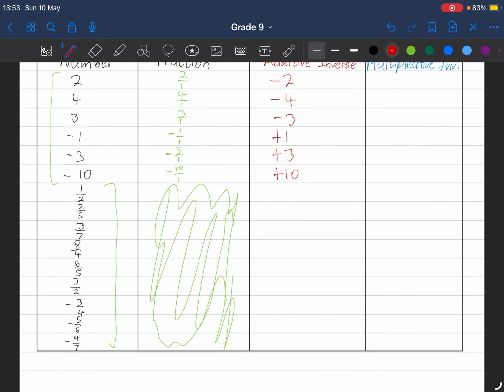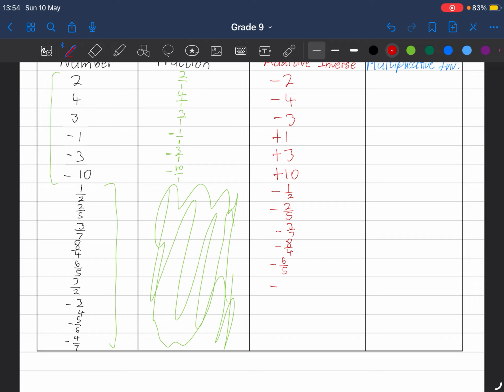If it's a fraction, it doesn't make a difference. A half will be a -half. The additive inverse of a half is a -half. The additive inverse of 2 over 5 is -2 over 5. The additive inverse of 3 over 7 is -3 over 7. The additive inverse of 8 over 4 is -8 over 4. The additive inverse of 6 over 5 is -6 over 5. So it's that straightforward.